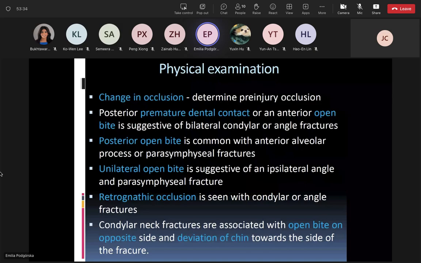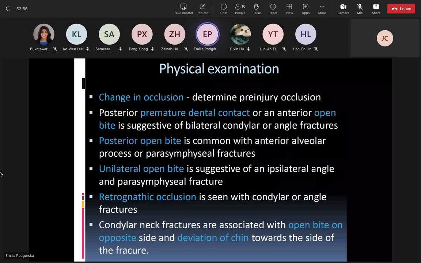Unilateral open bite is suggestive of ipsilateral angle and parasymphyseal fracture. Retrognathic occlusion is seen with condylar or angle fractures. Condylar neck fractures are associated with open bite on the opposite side and deviation of the chin toward the side of the fracture.